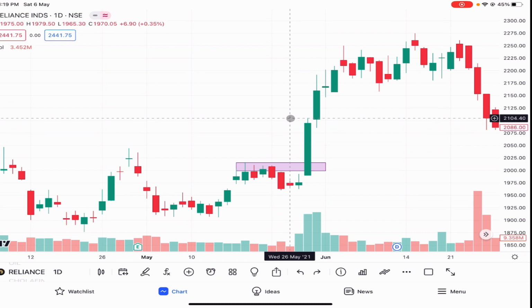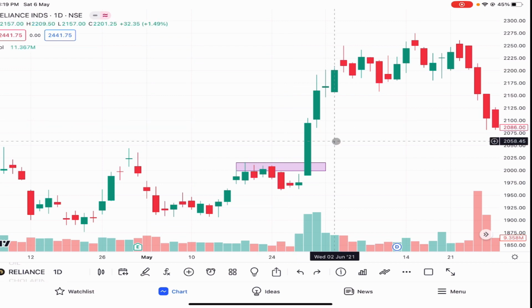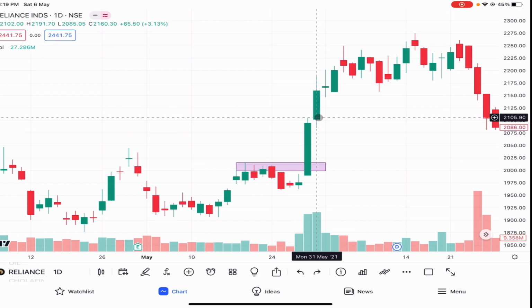Now we want to look at my time confirmation. Is the stock spending a considerable amount of time outside of the breakout? So look at this. The first bar is outside. The second bar is also outside. So that also gave me a confirmation that my stock is outside, and it confirmed my breakout, right? So 3 of my filters have been met.